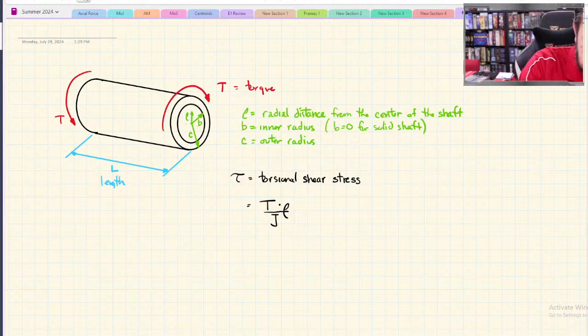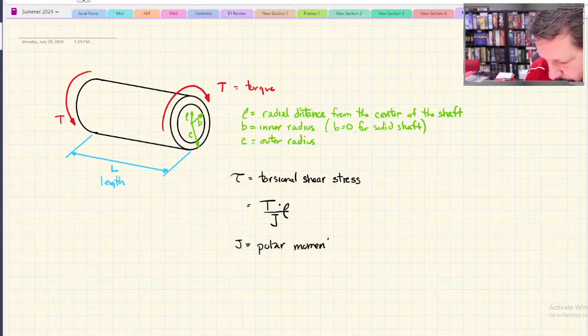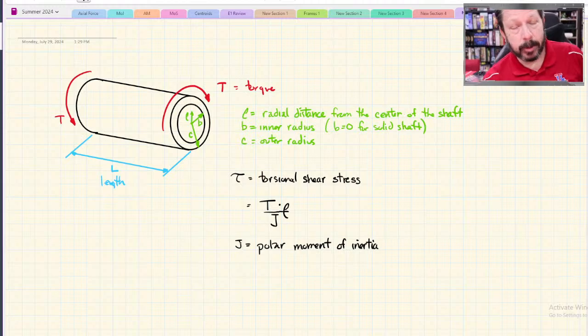J is a new thing. J is called the polar moment of inertia. So it's like I, the moment of inertia, that we have been using in the flexural stress equations.